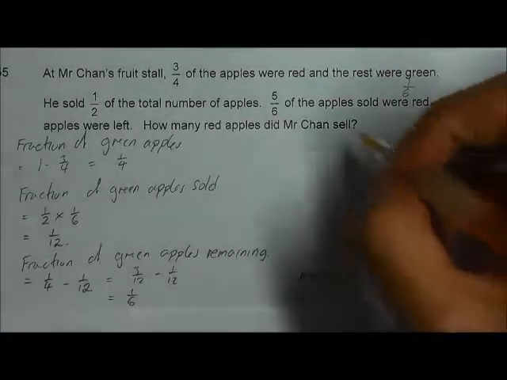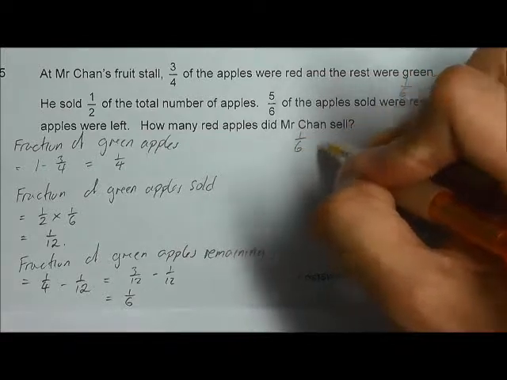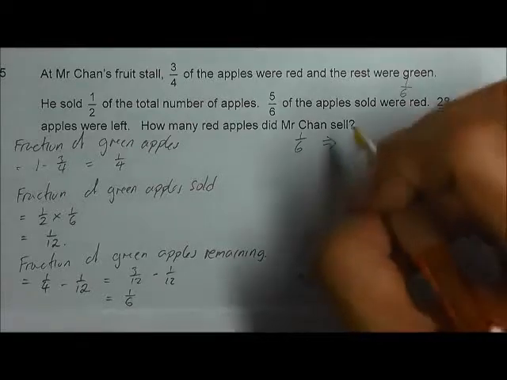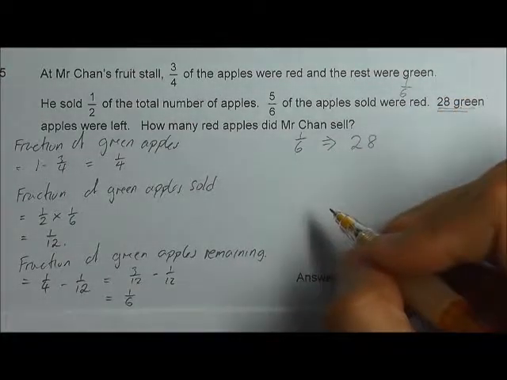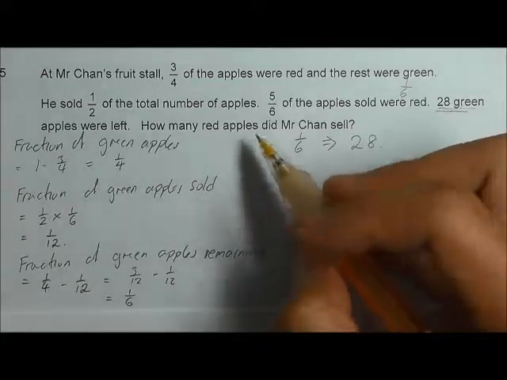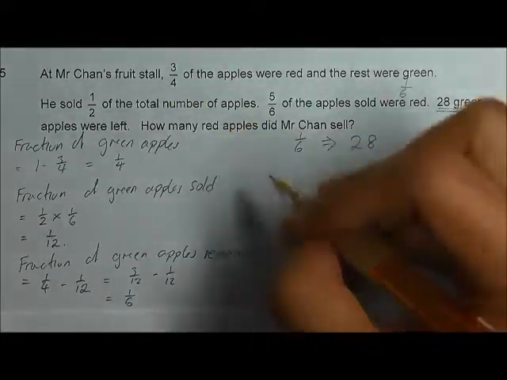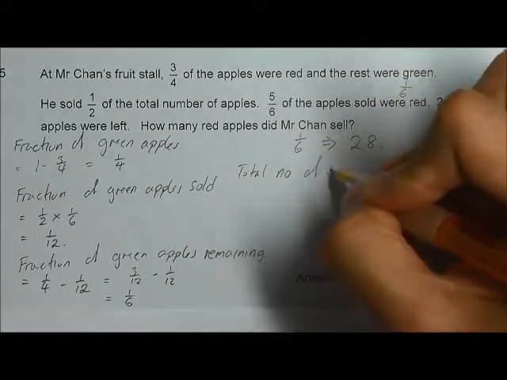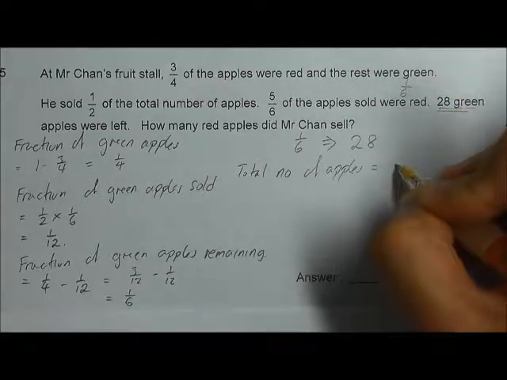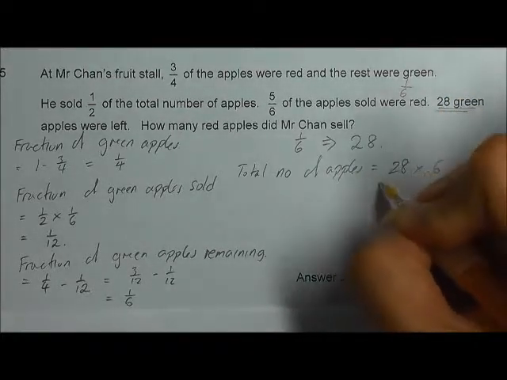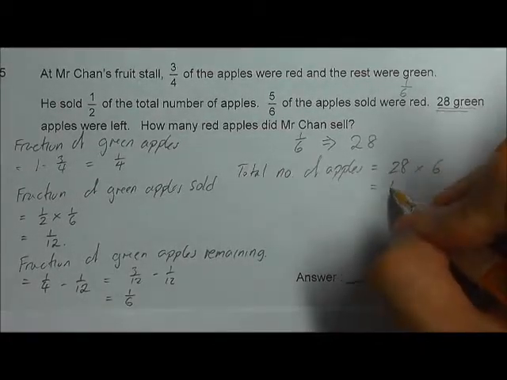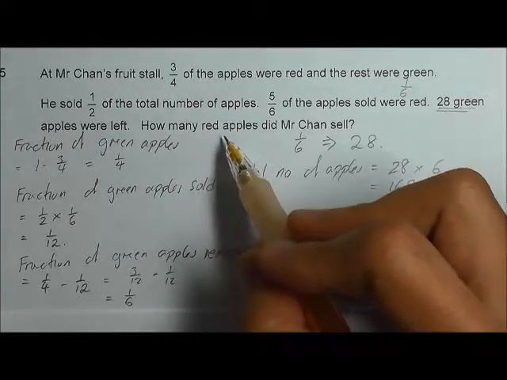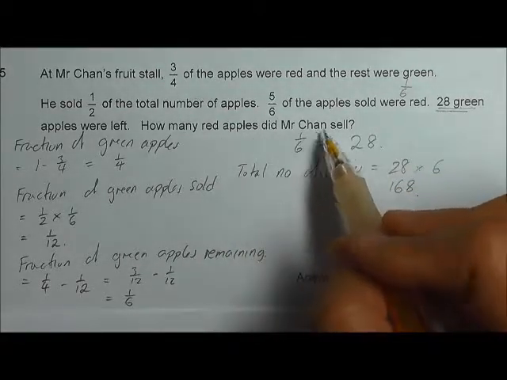So in this case, we know that 1/6 of the apples is equivalent to 28. So we can find out how many apples Mr. Chan has at first. It will be 28 multiplied by 6. So we will get 168. And we want to know the number of red apples that Mr. Chan sold.